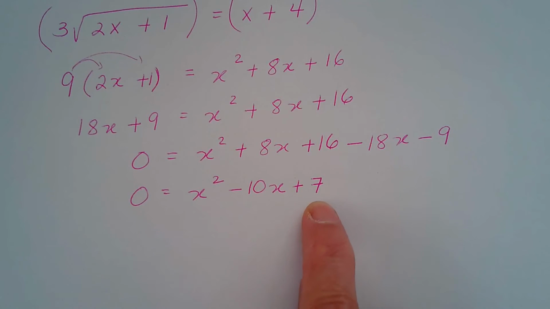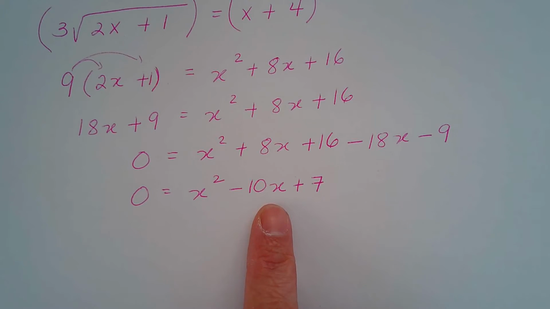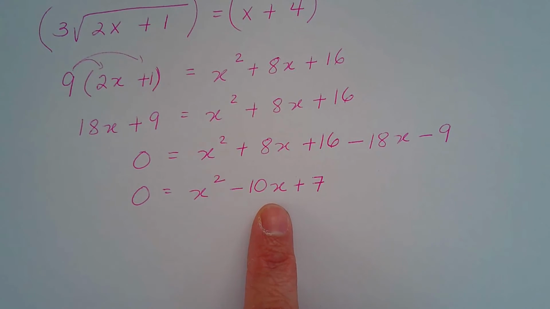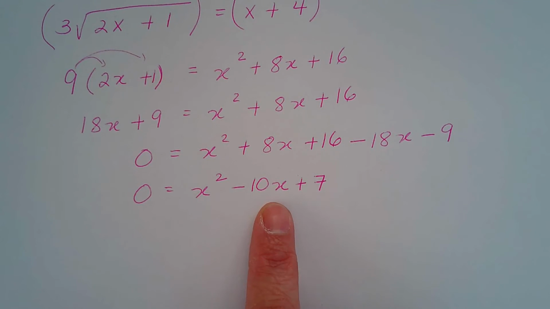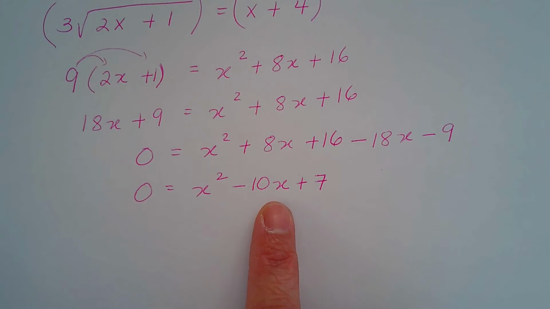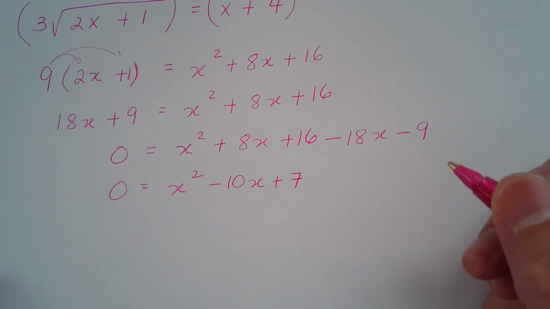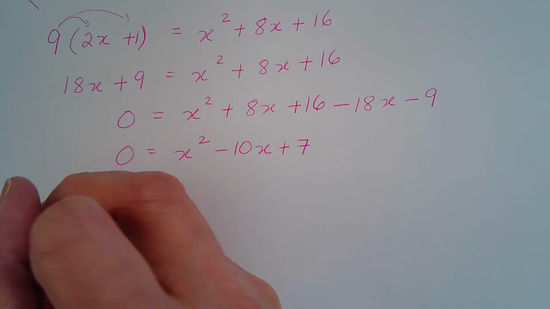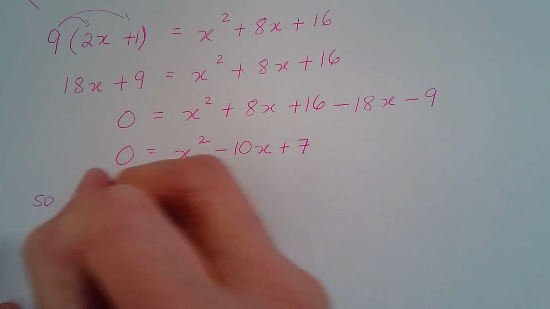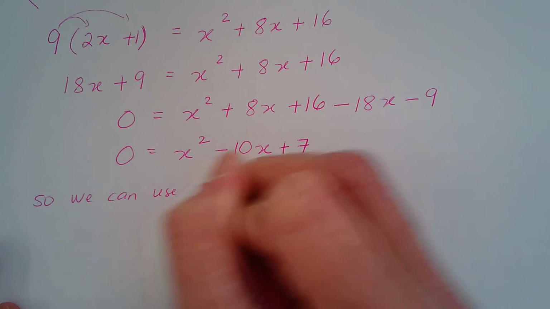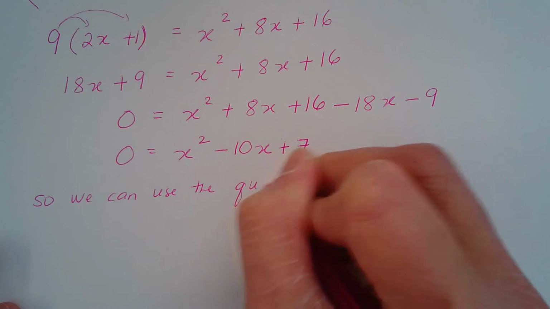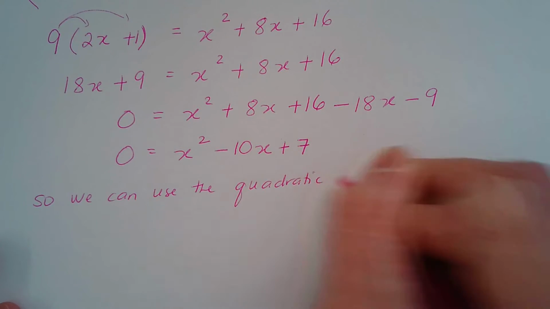Because there's no factor of 7 that would add up to minus 10, right? So this is not a nice factorable polynomial. So what's our strategy? So we realize it's not factorable, so we're going to use the quadratic formula.